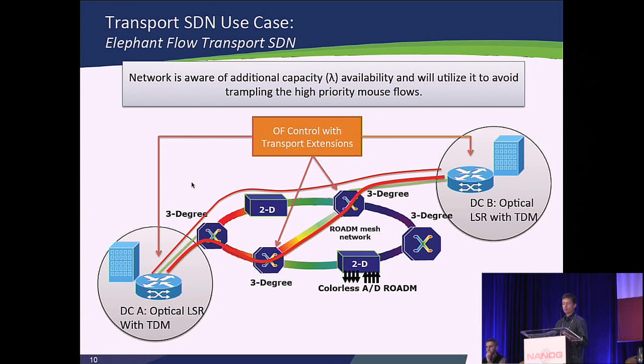Now, because the controller is aware of the L0 architecture and the network topology, it can do this rerouting automatically. Once the elephant flow is complete, that connection can be taken down and the bandwidth then made available to other applications.